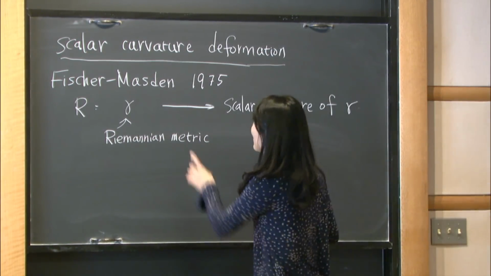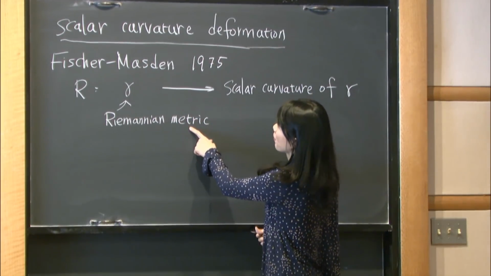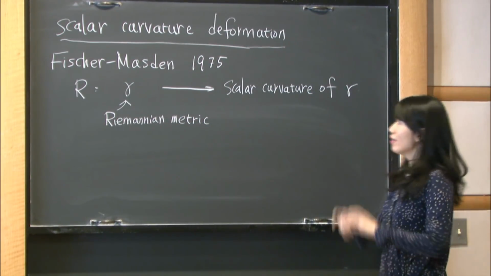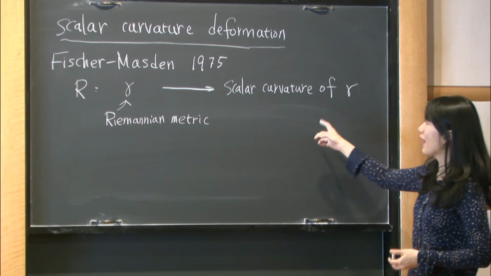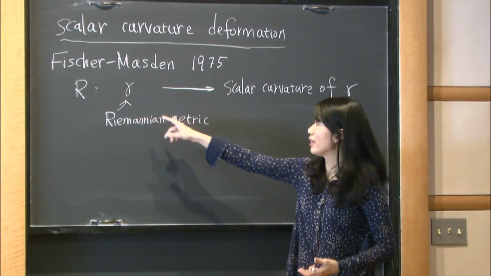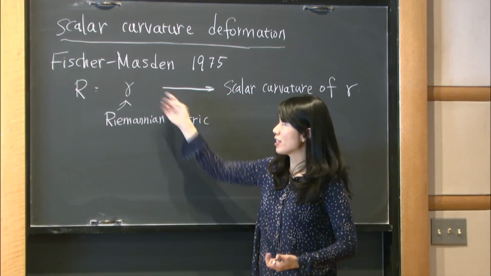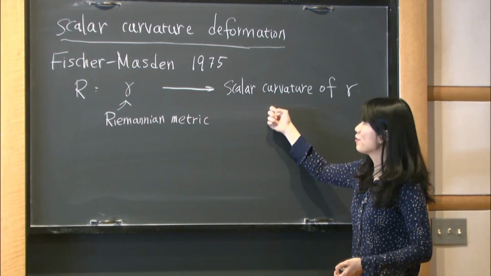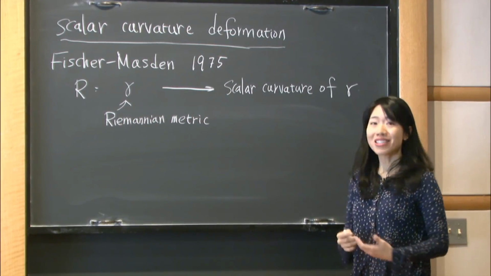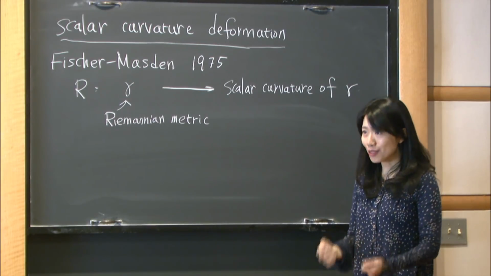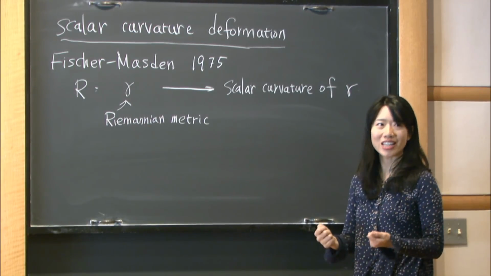All right, let's go back to the scalar curvature deformation. We think about this as a map, and you can write down the formula for how it's defined. Locally, the metric is a positive symmetric 2-tensor, and you have a formula for the scalar curvature. It turns out to be a smooth map, so we can differentiate.